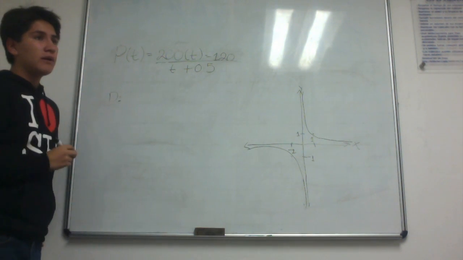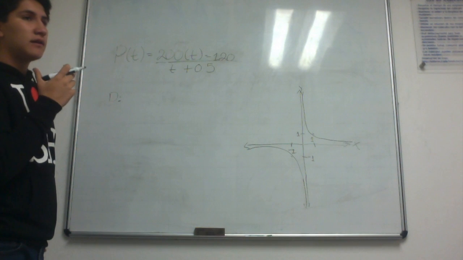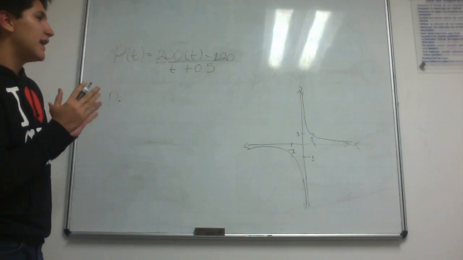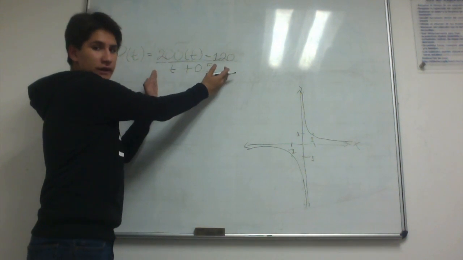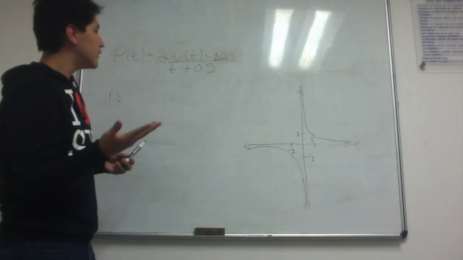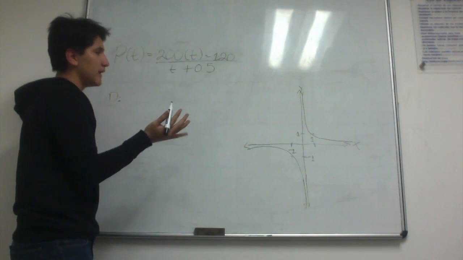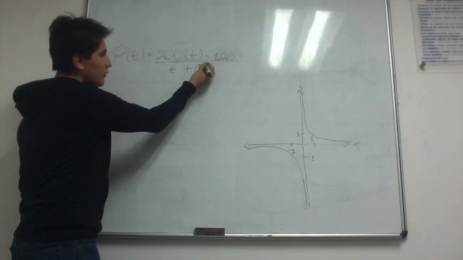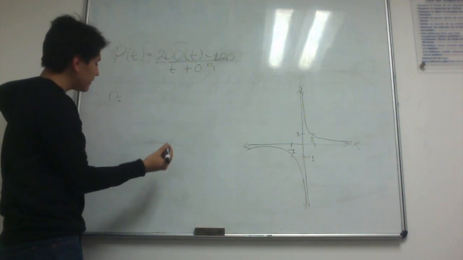If we remember, the domain is all the numbers that can't make this equation indefinite. In other words, every number that doesn't make the denominator 0, right?